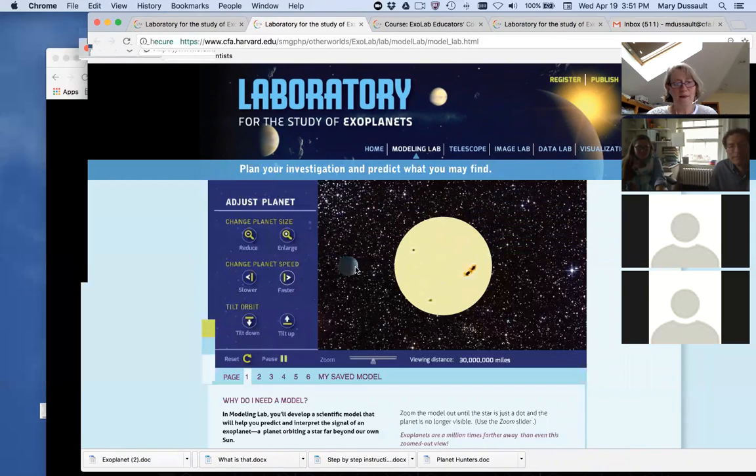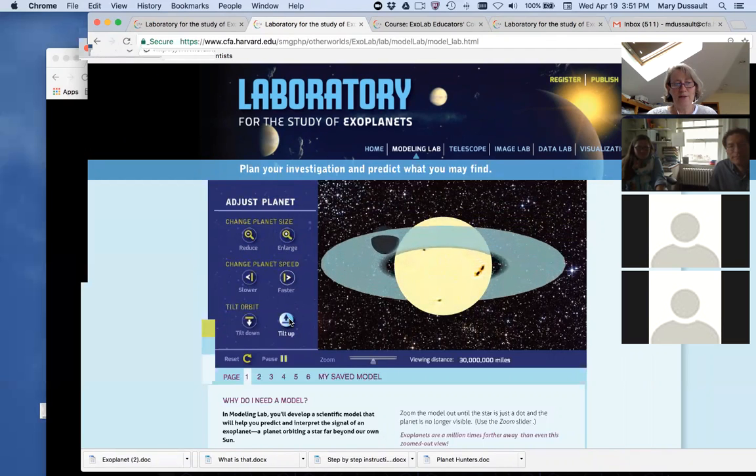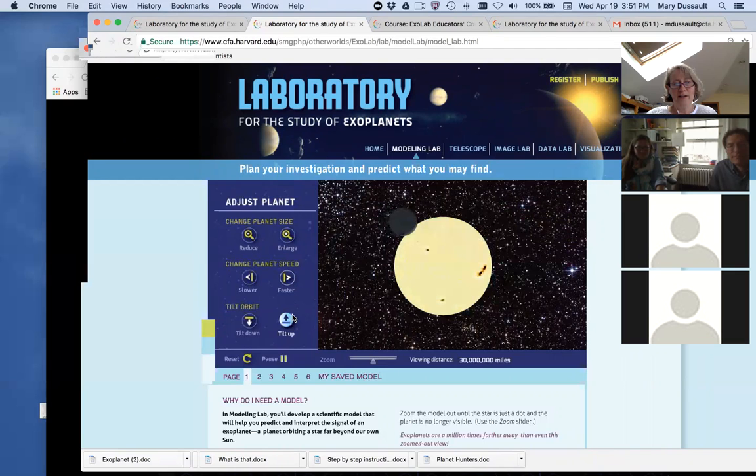If we enlarge that and then tilt up, it's only going to be fully over the star for a shorter period.